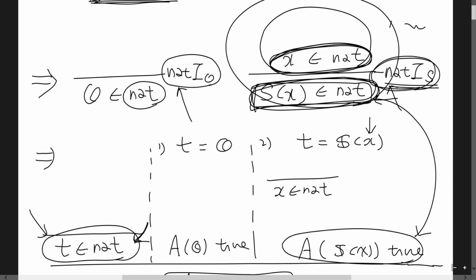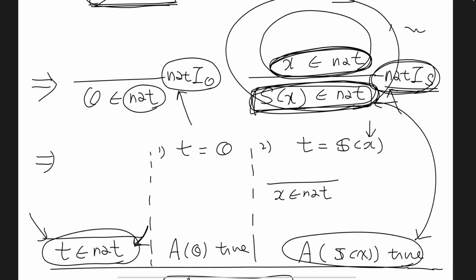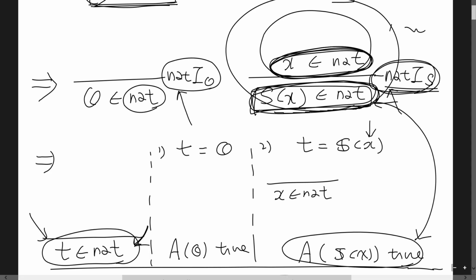So if we think inductively, we may assume that the same conclusion can be drawn from this smaller judgment. You have to think inductively, or recall the principle of mathematical induction. That is, we are trying to establish a property from this judgment, and its proof is strictly larger than the proof of this smaller judgment.